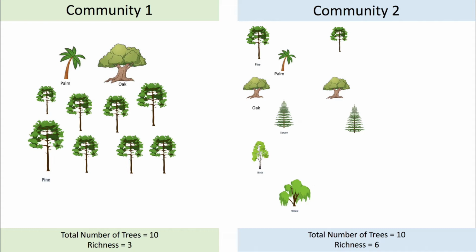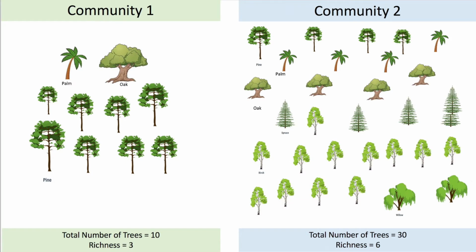In this example, this was a PowerPoint, so I randomly deleted 20 trees without even looking. That's kind of equivalent to a random subsampling of data. And then this is the result. In this random subsampling, I still got a richness of 6. So in this particular case, richness didn't change.